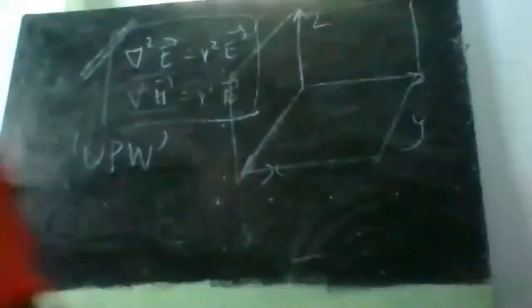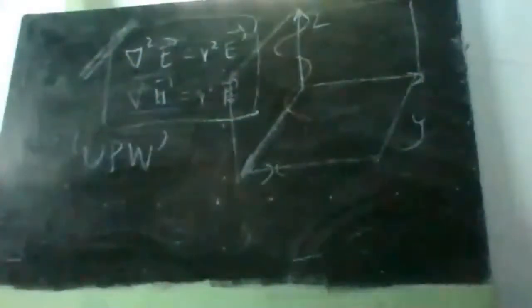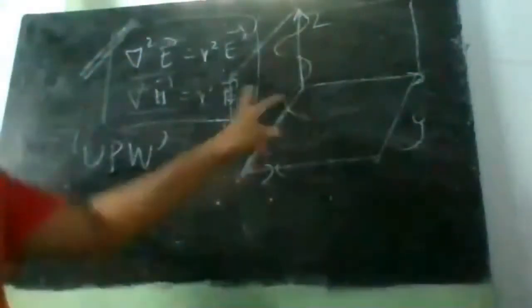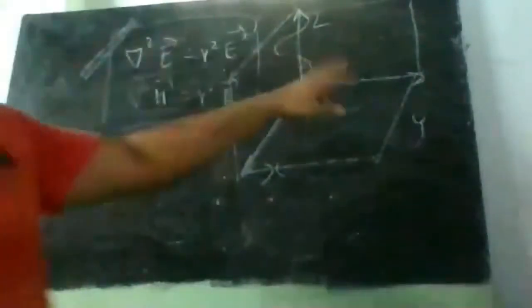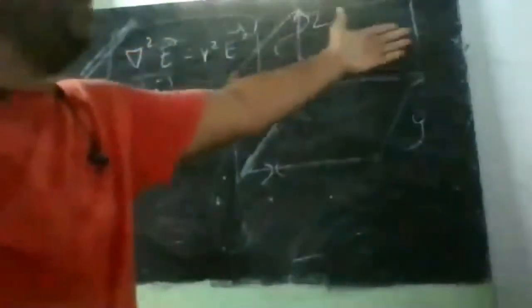For example, if it travels in the xy plane, that means it is traveling along the z axis, so the wave is propagating along the z axis. If it is traveling in the yz plane, then it is traveling along the x axis.